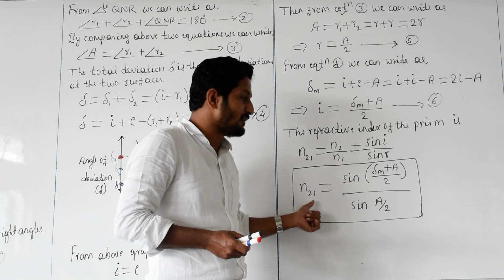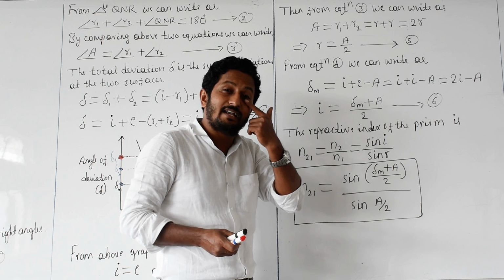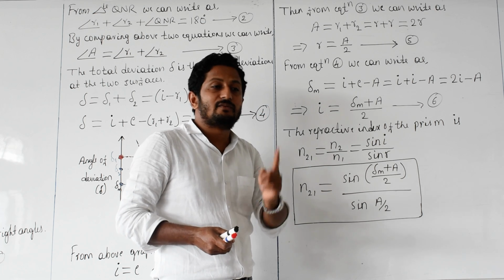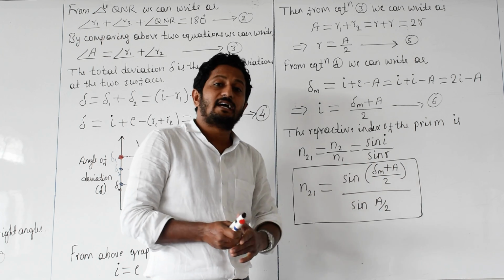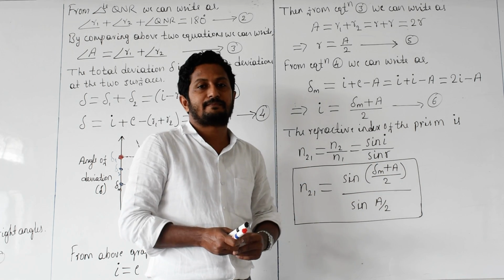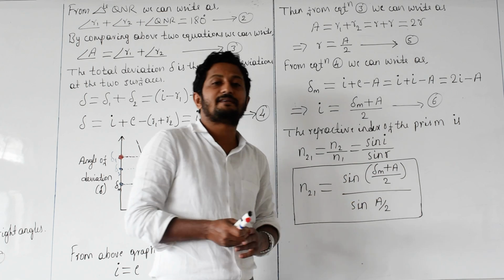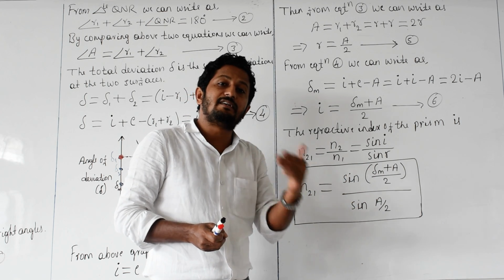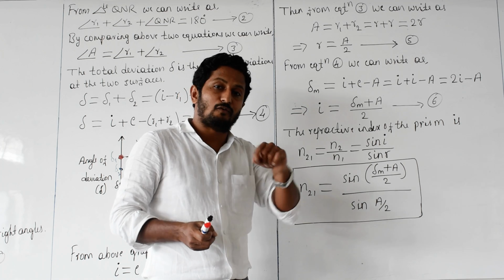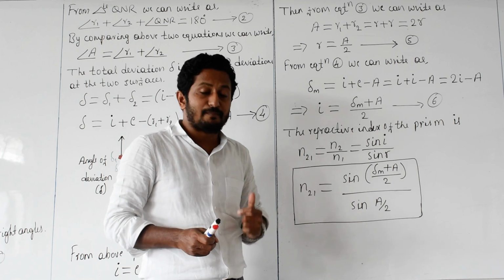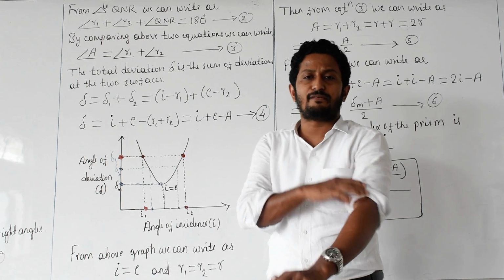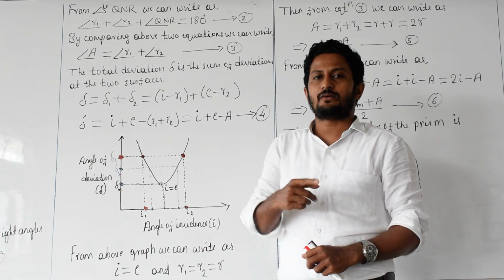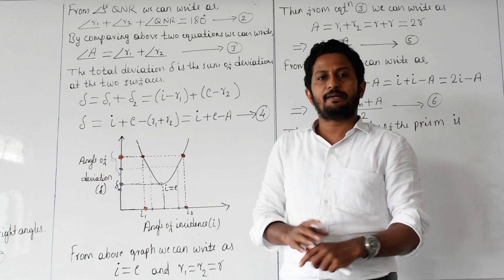Already I said N21 is the refractive index of the prism with respect to medium 1, A is the angle of the prism, and delta M is the minimum deviation angle for that respective prism. This is about refraction through the prism.